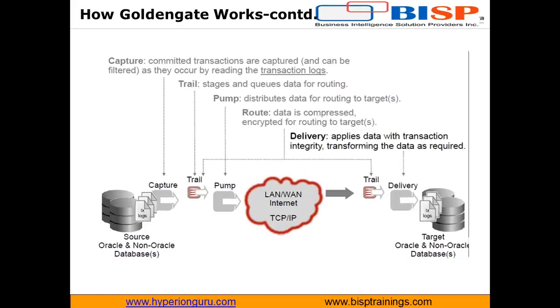Once the data is written into the remote trail file, there is another Goldengate process, the delivery process, which comes into the picture, reads the data out of your remote trail and applies it to the target database. So there are three Goldengate processes involved: capture, pump, and delivery.